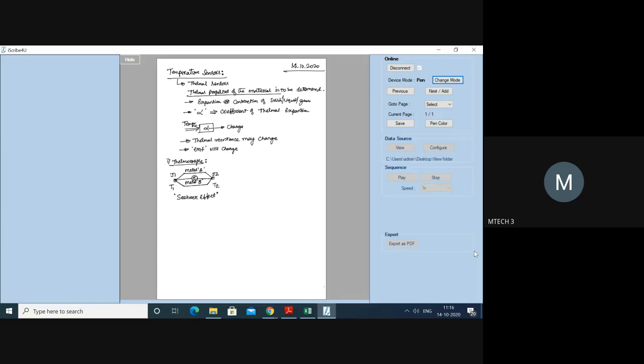Now this is the basic principle of the thermocouple. The EMF E is dependent upon the temperature. It is represented by the equation E = AT + BT². Now, what is T1?